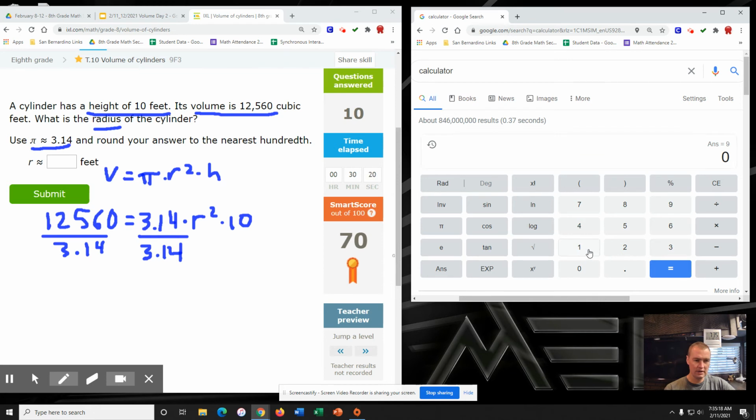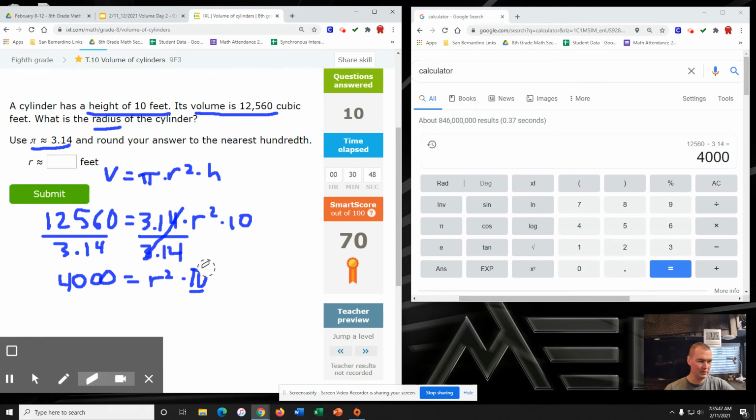And calculator, so I got 12,560 divide 3.14. Let's see, and woo, 4,000 even. Pi's are out, equals r to the second power times 10. Now this is not bad at all. Divide 10 both sides.